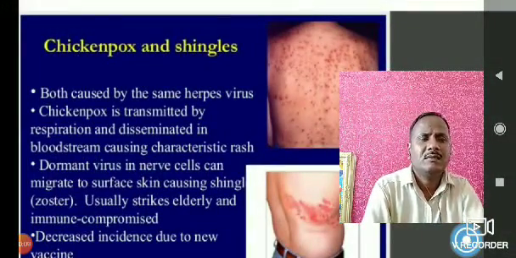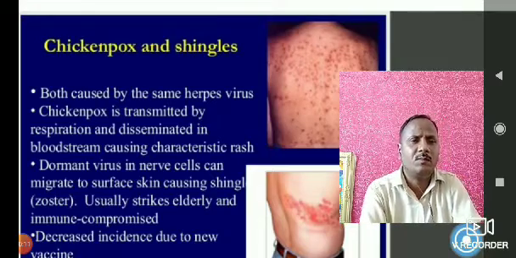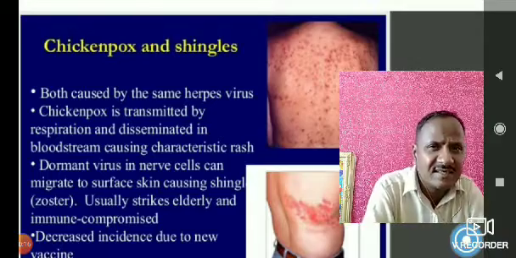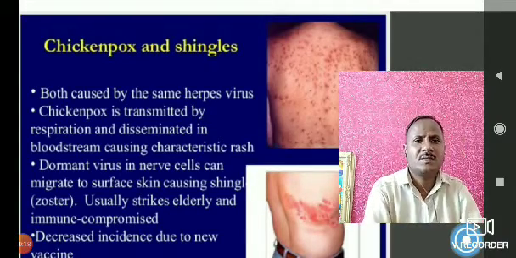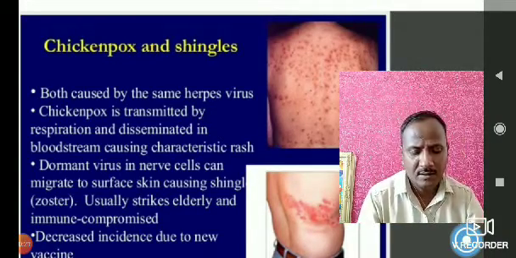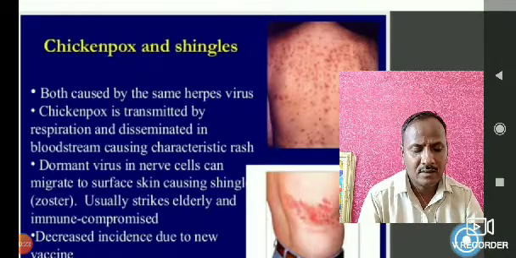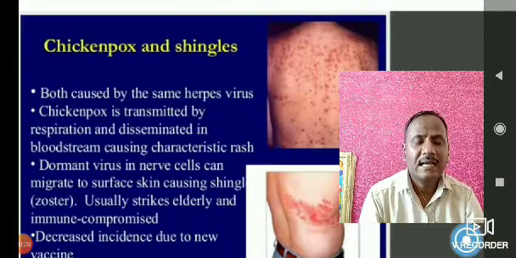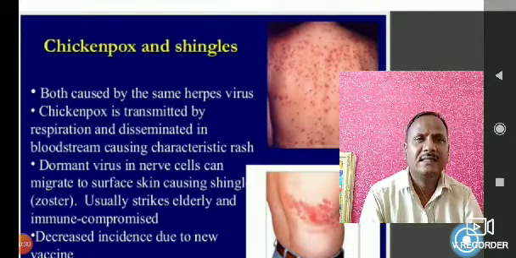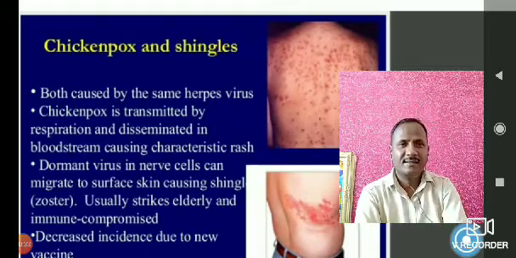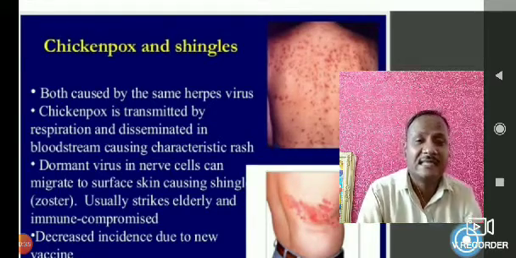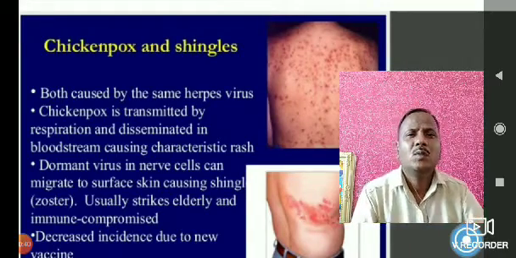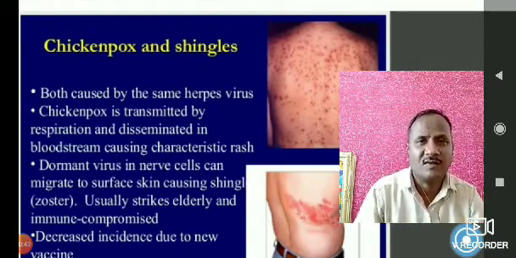After that, the next disease is chickenpox and shingles, which are airborne. Chickenpox is called kanjinya in Marathi, and shingles is called nagveda. Both are caused by the same herpes virus.